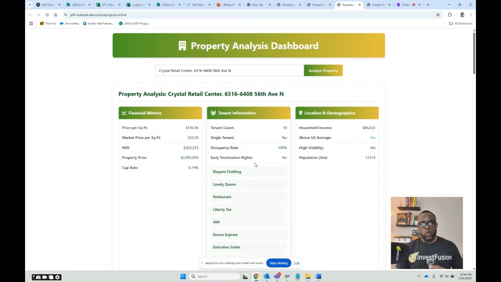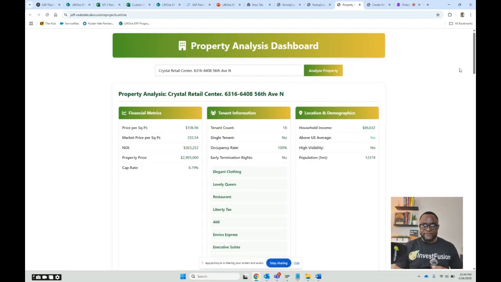It says no. So what are early termination rights? Usually early termination rights are given to, for example, government tenants. It means they have a right, signed in the lease, to get up and move out of your property at any point in time. That is usually done by government tenants, and you as an owner don't want a property where you have tenants with early termination rights.